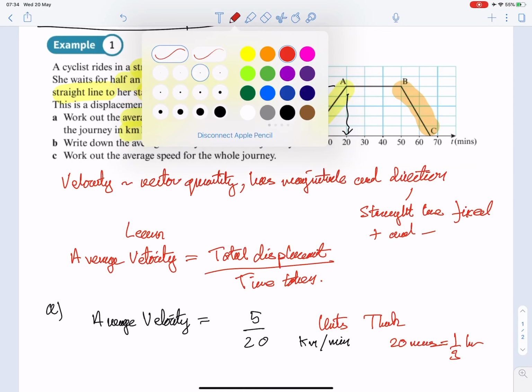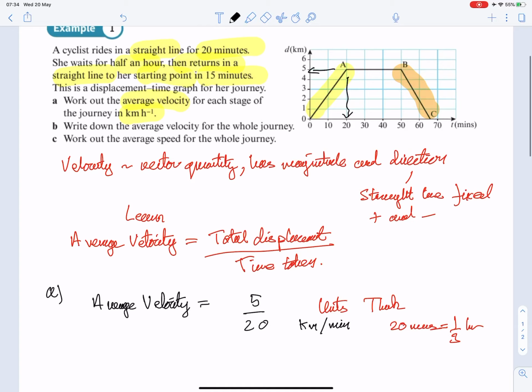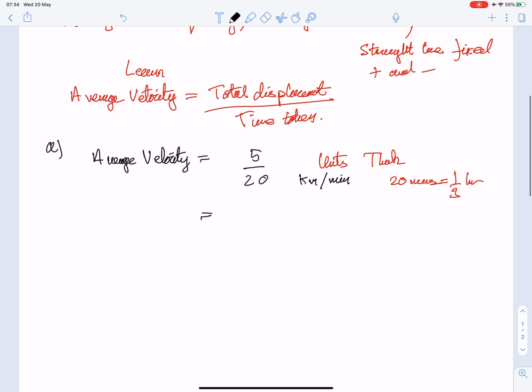So we get 5 divided by 1/3. Dividing by a fraction, invert and multiply, we get 15 kilometres per hour.